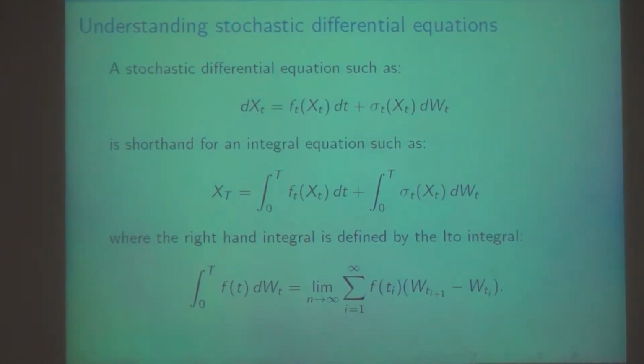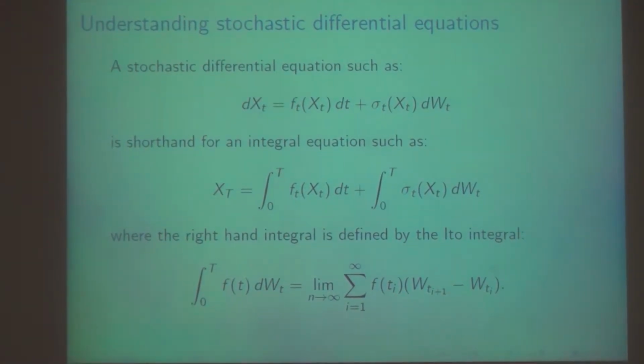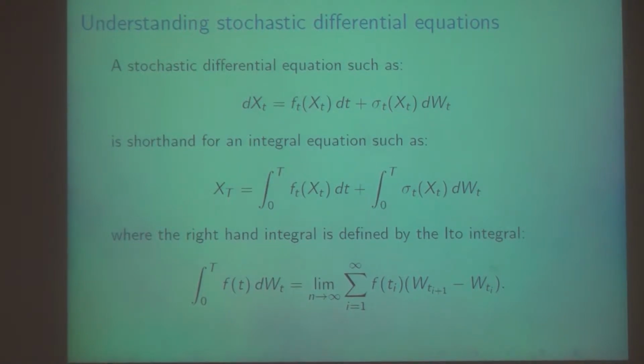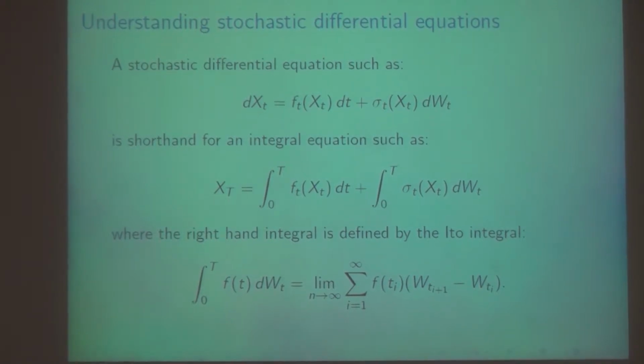The stochastic differential equation I wrote down is actually shorthand for an integral equation. So what this kind of differential equation really means is you have to put integral signs in front of everything. You get an equation of this form. And that makes sense, so long as one can define what integrating with respect to a noise term means.